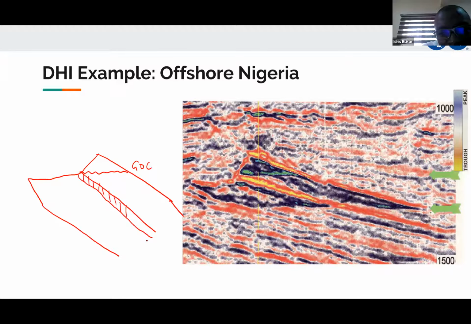I mean, it's kind of obvious from the seismic section why there's supposed to be a shale, but it is also a large part of why we have this second yellow bright spot from the oil.